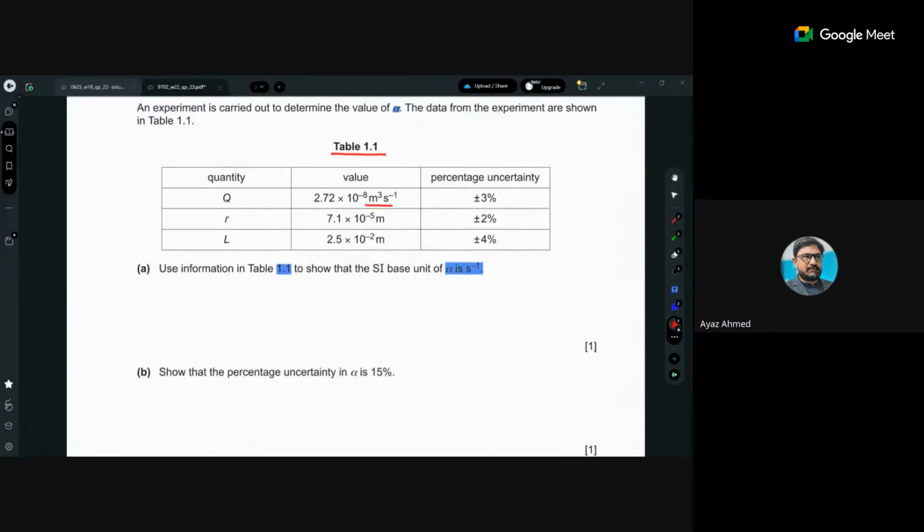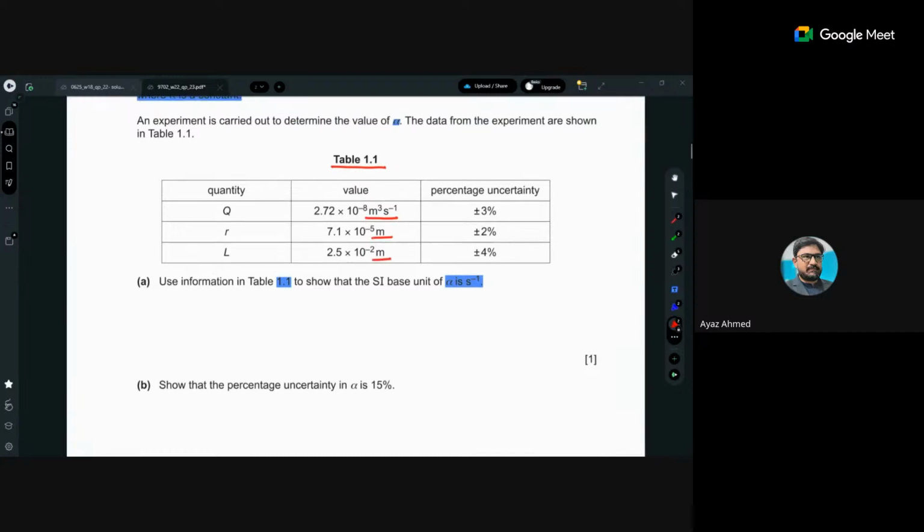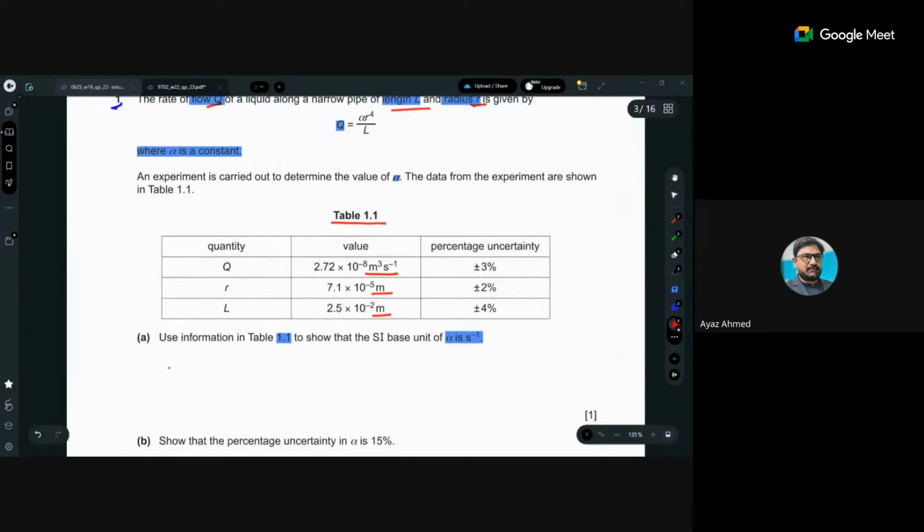So we have to use the unit of each physical quantity. If q equals alpha R to the power 4 divided by L, I have to make alpha the subject, so it becomes qL divided by R4.